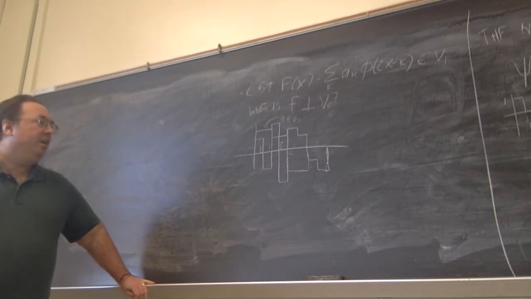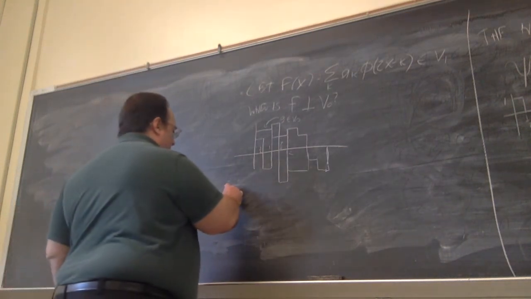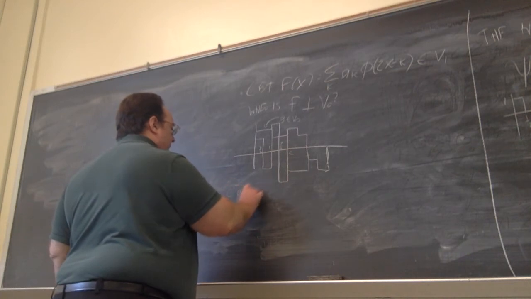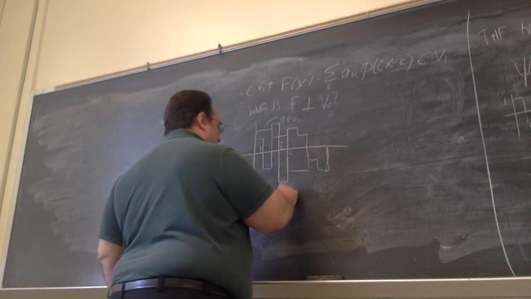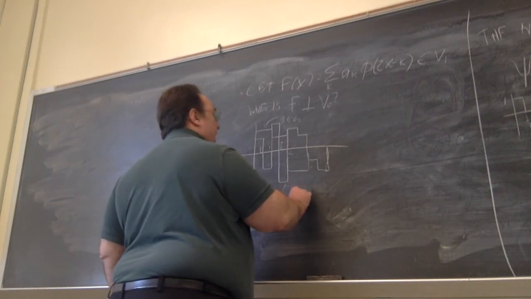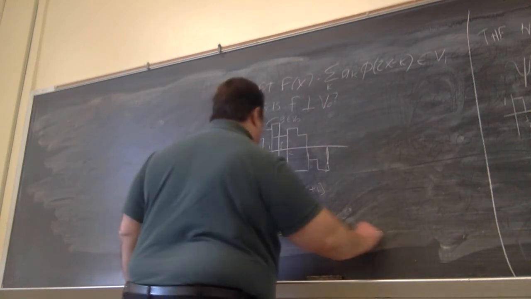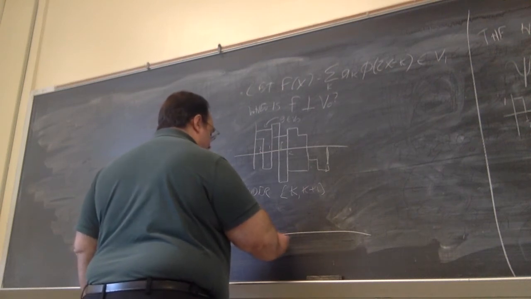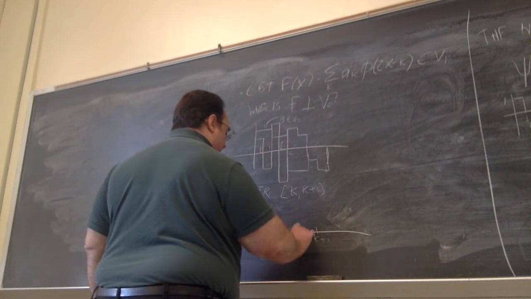So what that means is, if I focus on an interval of this form, some integer k up to k plus 1. Now f is behaving, so here's k plus 1, and here we have k plus 1/2.